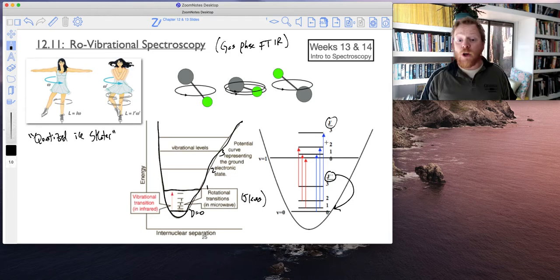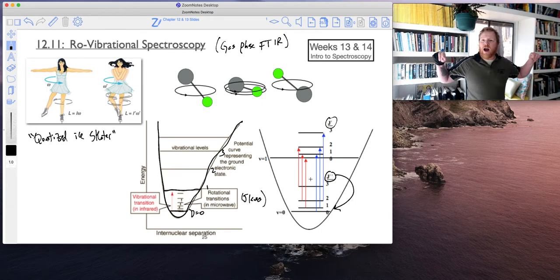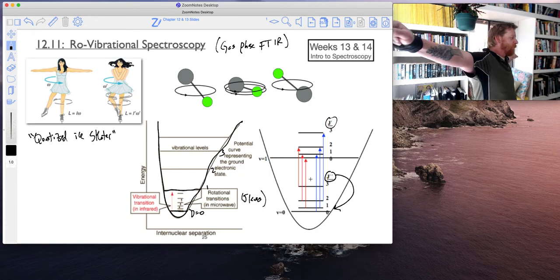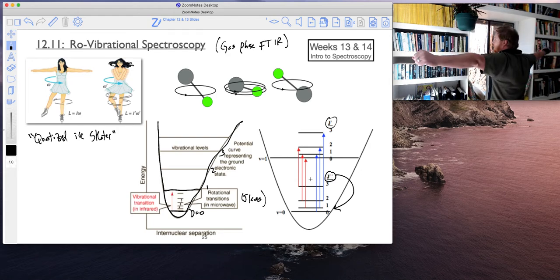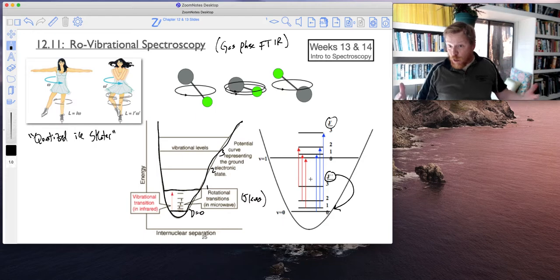Okay. So what's happening with this quantized ice skater is kind of like what we described with bond distortion when I was talking about microwave spectroscopy. So if you imagine a fully elongated bond, it's stretched out to here, and it's rotating, all right? It's going to be rotating at some given frequency based on the molecule's rotational constant and, of course, temperature.